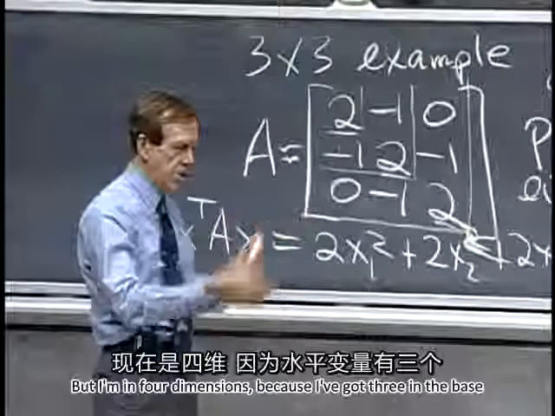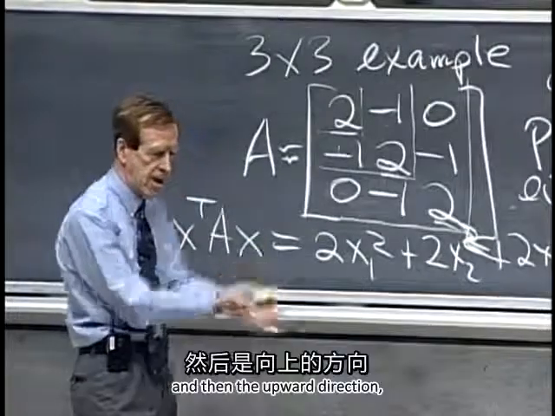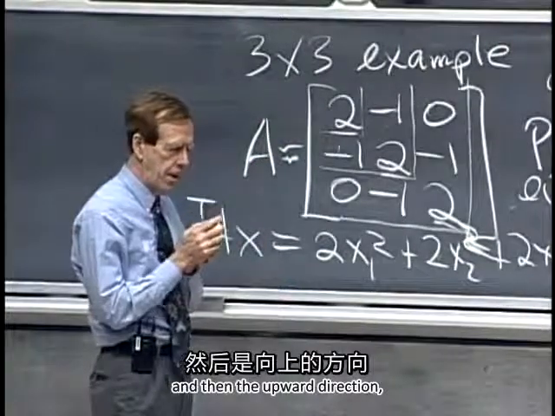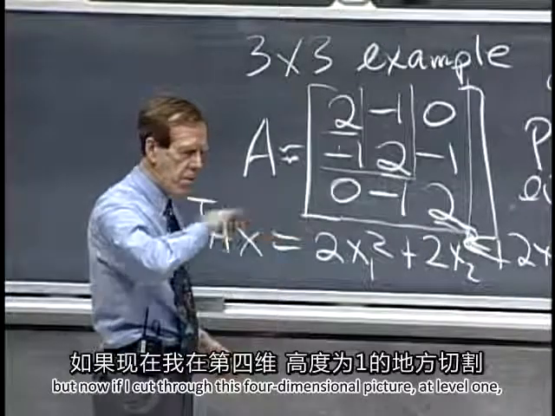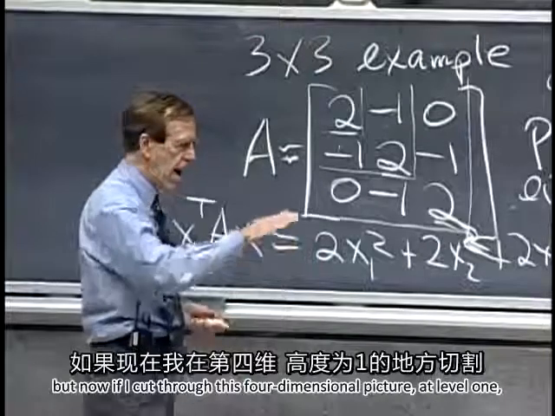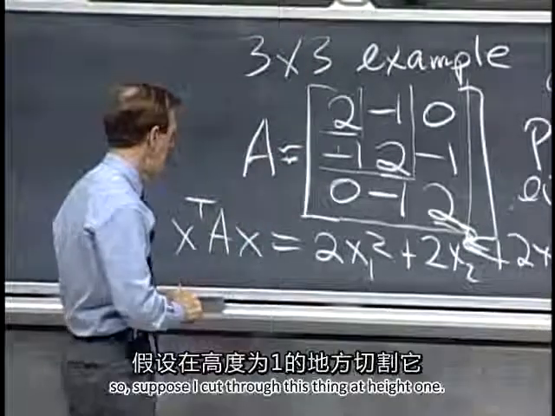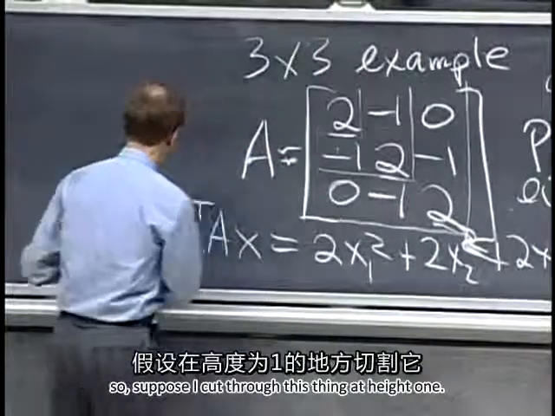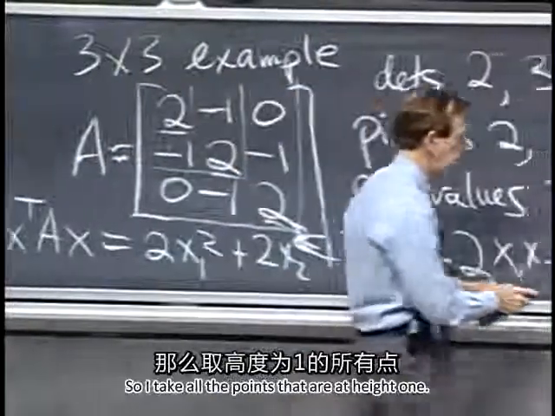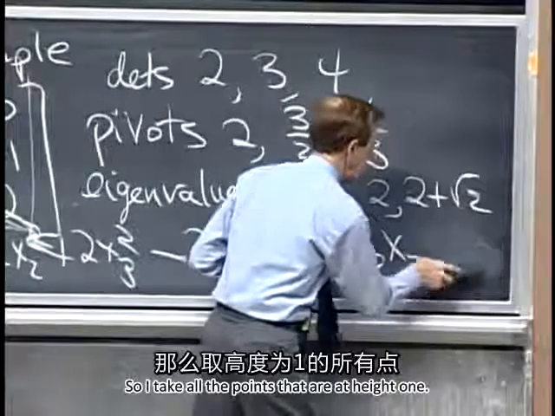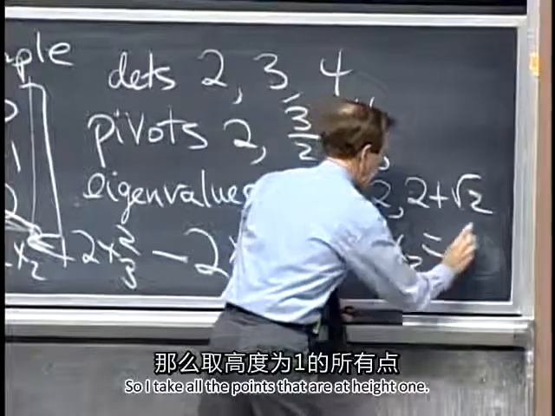But I'm in 4 dimensions, because I've got 3 in the base, and then the upward direction. But now if I cut through this 4-dimensional picture at level 1, so suppose I cut through this thing at height 1.